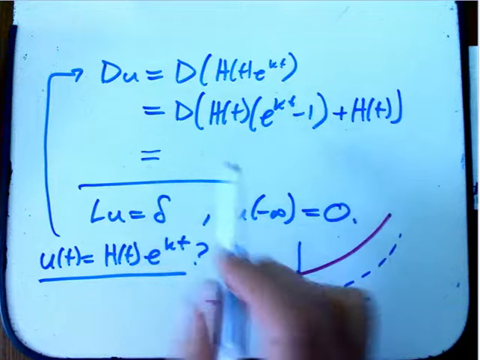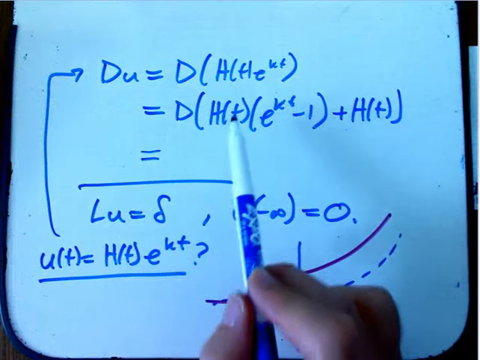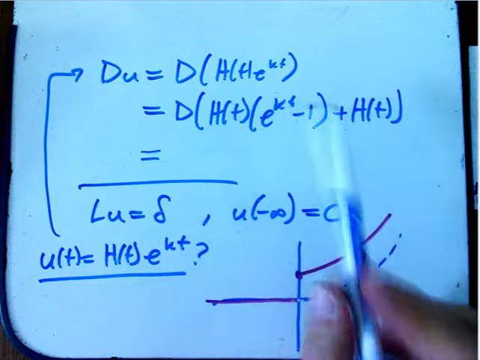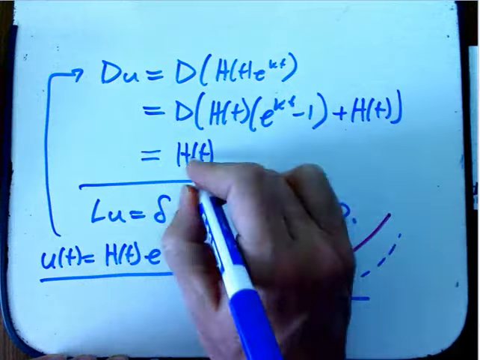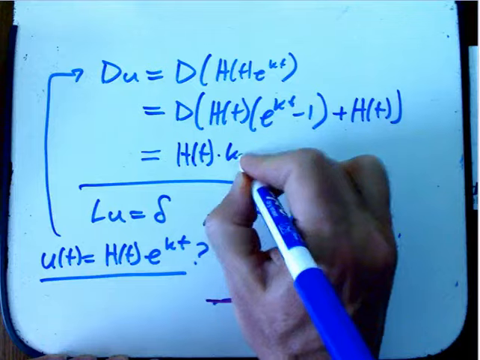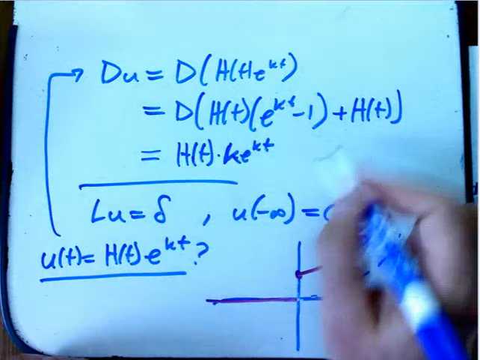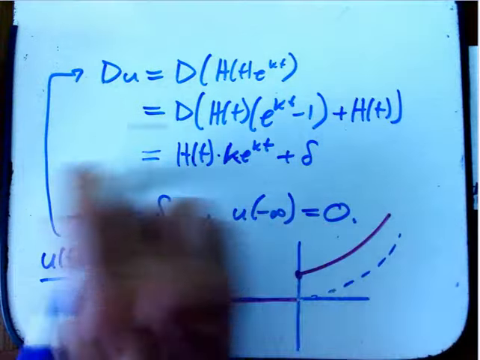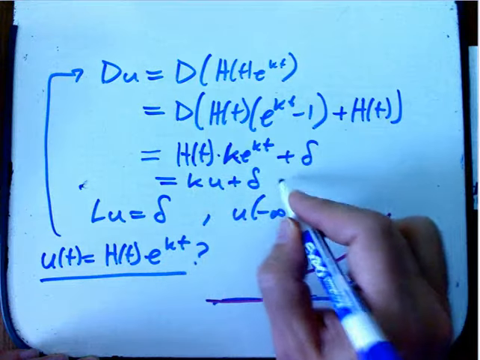So we have this nice lemma, this theorem we had, that if you have a continuous and piecewise differentiable function, then you can take the derivative in the ordinary way. And so that just says, okay, yeah, it still turns on at the origin. And that's going to be k e to the kt. And then plus the derivative of h, which is delta. And of course, that is ku plus delta.